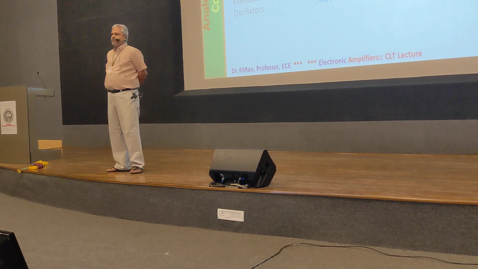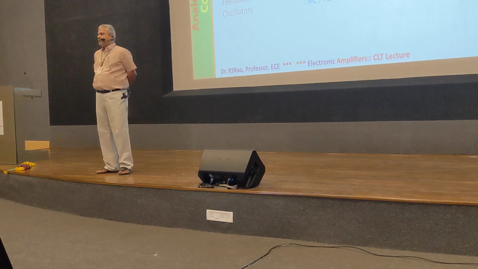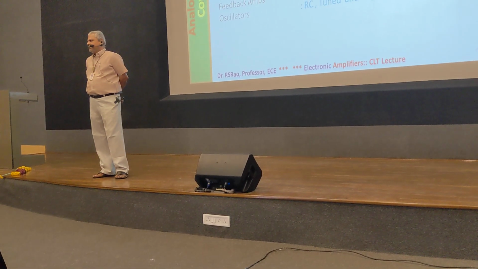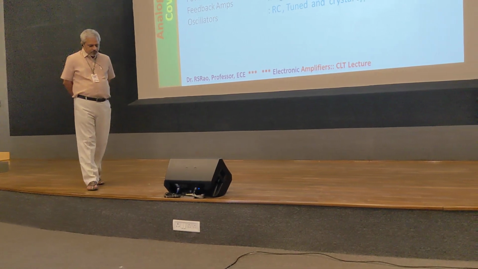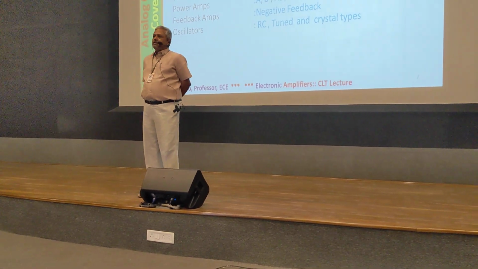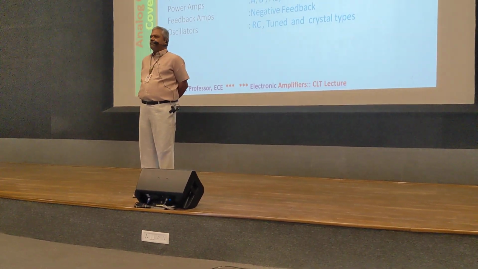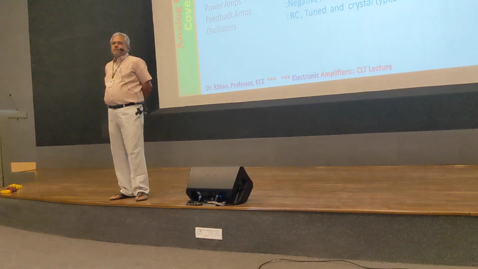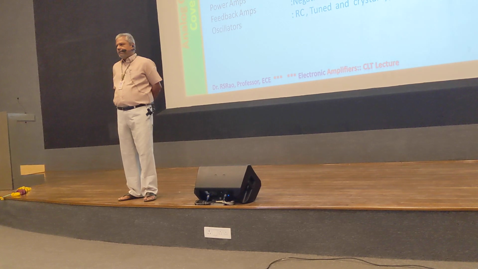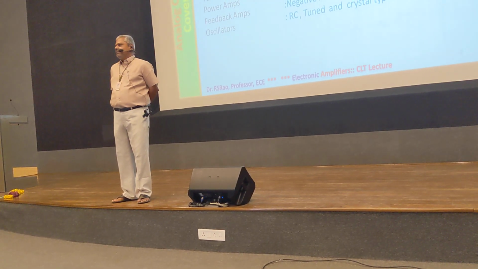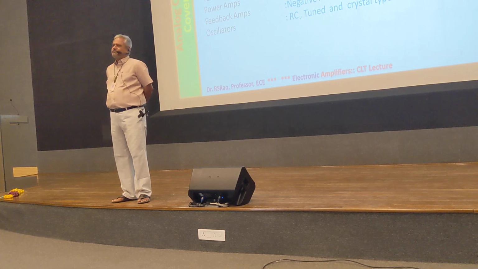If you try to inject more power into that transistor, it simply gets destroyed. Okay, so there is a limitation, a power dissipation limitation. These transistors used in power amplifiers are made in such a way that they are capable of handling more and more power.